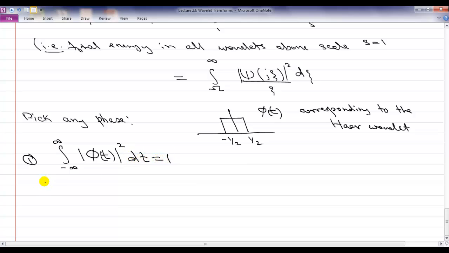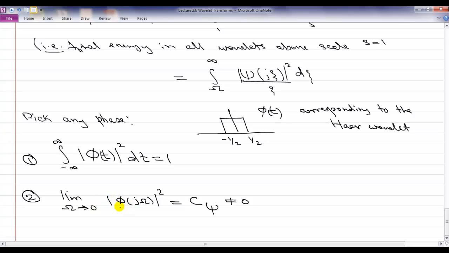Okay. The other thing to note is the following. If you look at omega going to 0, phi of j omega absolute squared, then that is equal to C of psi, which we defined for the inverse wavelet transform, which is not equal to 0.